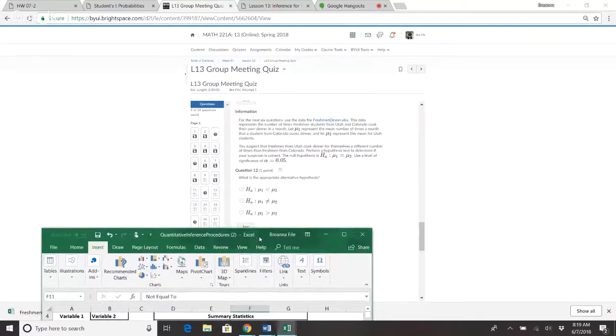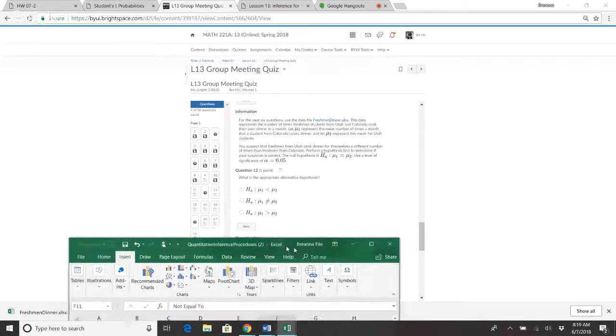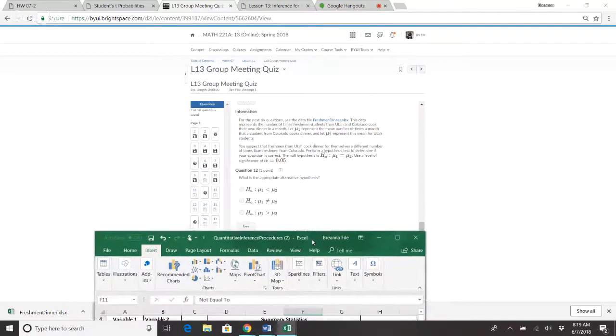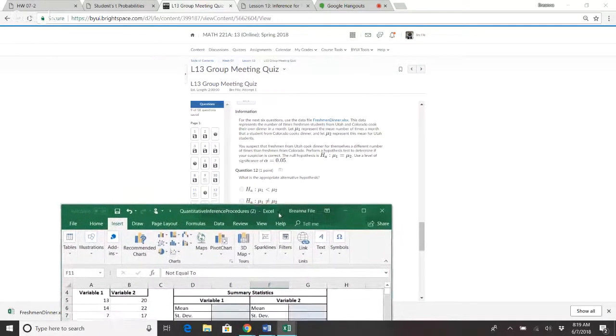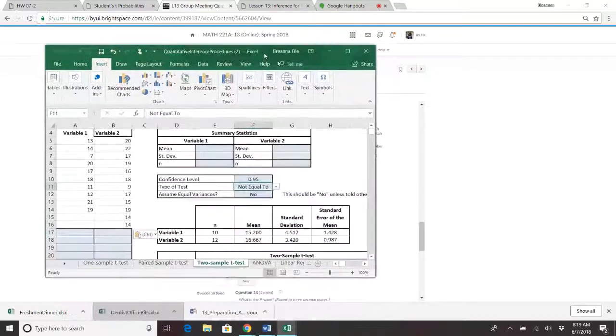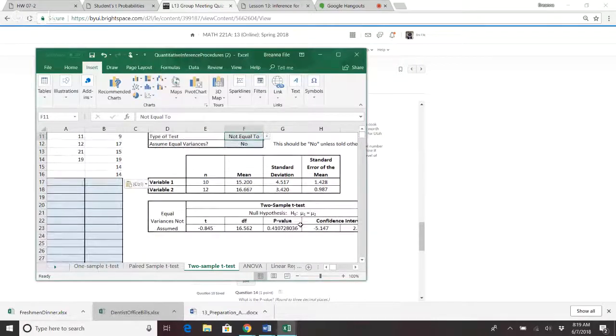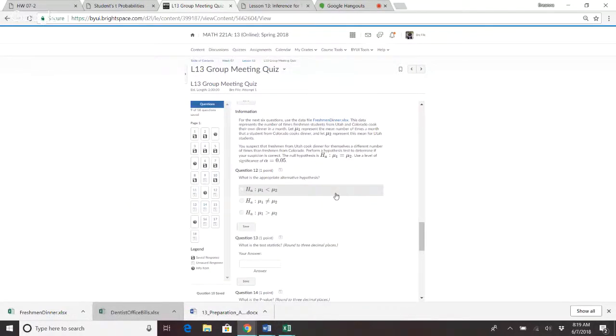So the null is that they're equal. So the alternative is that they're not equal, right? Now I'm trying to read through the question again for the next six questions. This data... you suspect a freshman from Utah cooked dinner for themselves a different number of times. So it's different, it's not equal to. Okay. Yeah. What I thought.